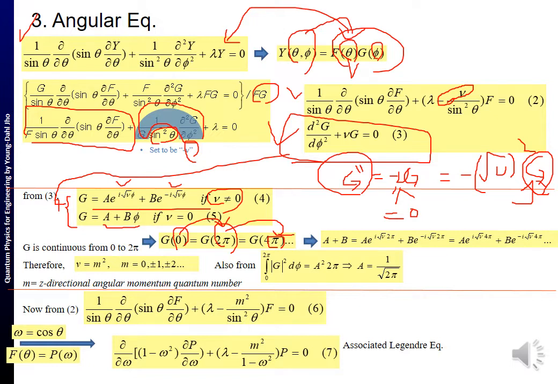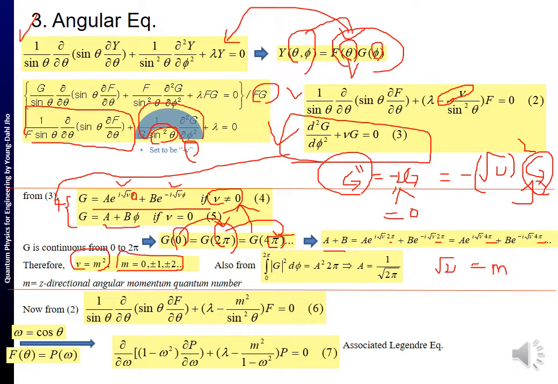So we set this into here: a plus b, and then we put 2 pi, 4 pi. They should be the same endlessly. It means the square root of mu should be a certain integer. So let's set mu to be m squared, where m is an integer.